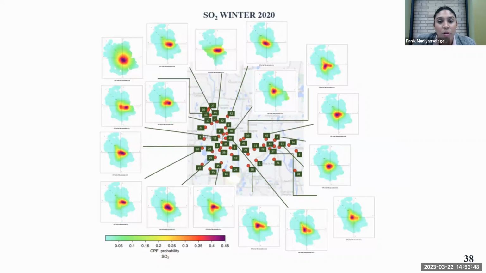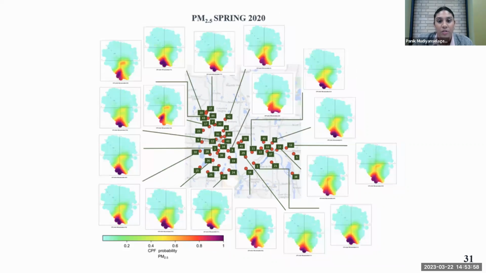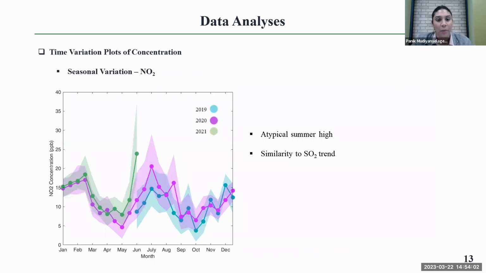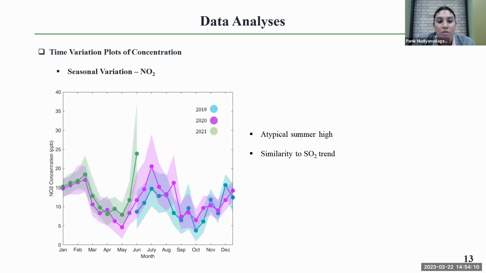And in the winter too, you see contribution from local sources, meaning that only in the summer, it's being transported from somewhere. So I want to go back to this plot here. We saw an unusual summer high for SO2, and we noticed a similar trend for NO2.